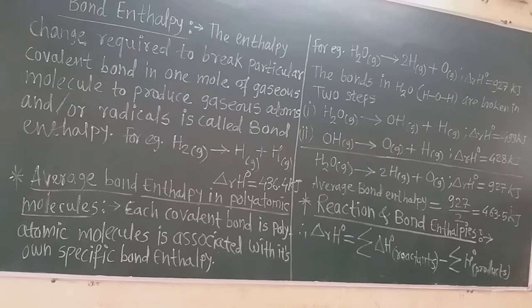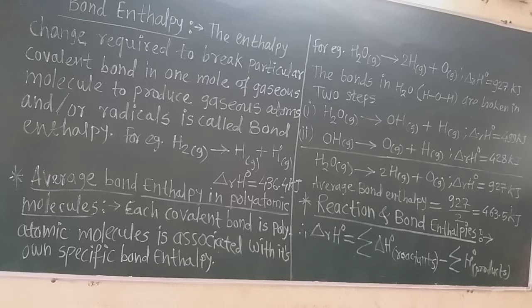This is only for diatomic molecules. There is only one covalent bond between them, so the bond enthalpy is directly the enthalpy change to break that one covalent bond. But in polyatomic molecules such as water, there are two H-O bonds.